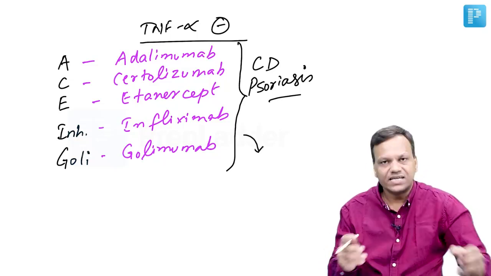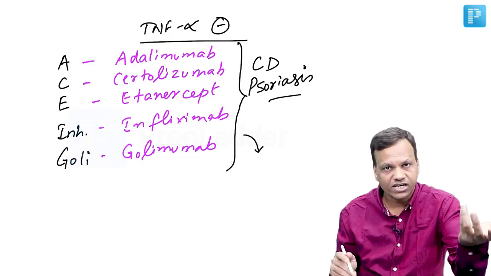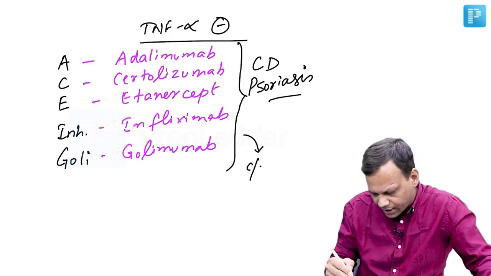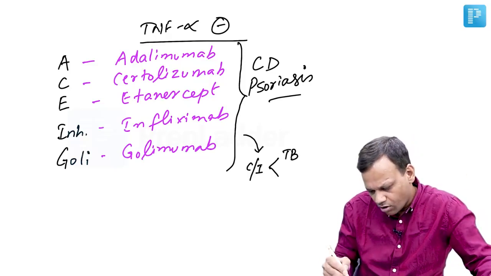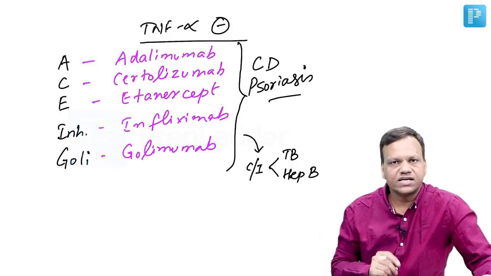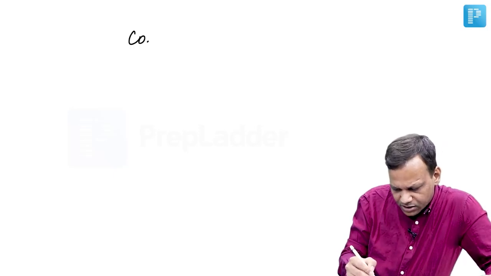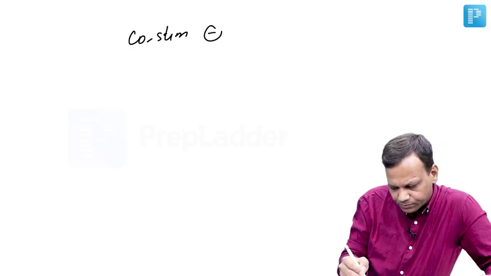But the important thing is they increase the risk of infections. So before starting them, we have to rule out any infection. In particular, they are contraindicated if there is tuberculosis or hepatitis B. These are absolutely contraindicated even if subclinical TB and hepatitis B. Okay. Then lastly, the co-stimulation inhibitor.